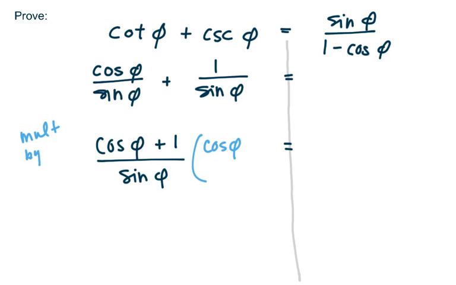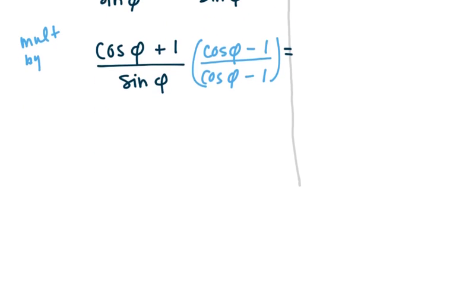We do it by using conjugates. This is especially helpful. Here I have cosine phi plus 1, and the conjugate of that is cosine phi minus 1. So if I put cosine phi minus 1 over itself, then what I have here in the light blue is just equal to 1, and it's okay to multiply by 1.